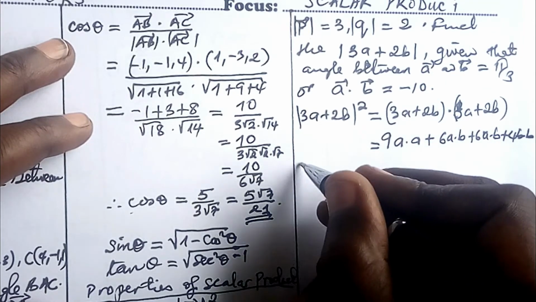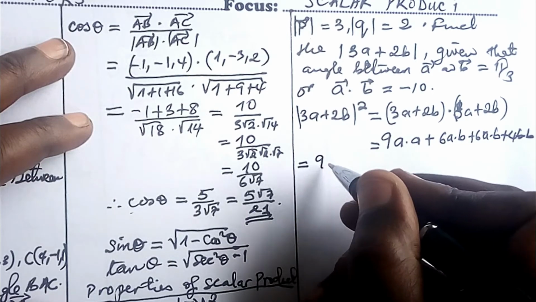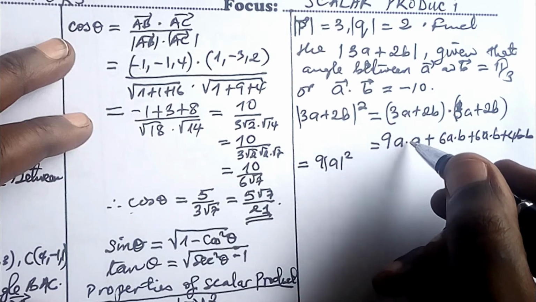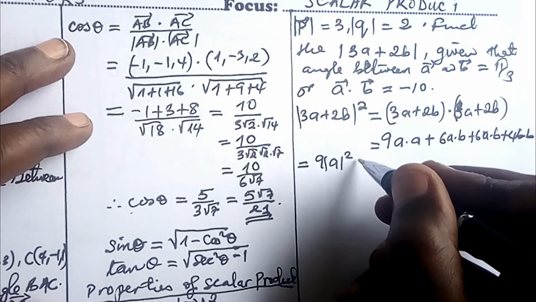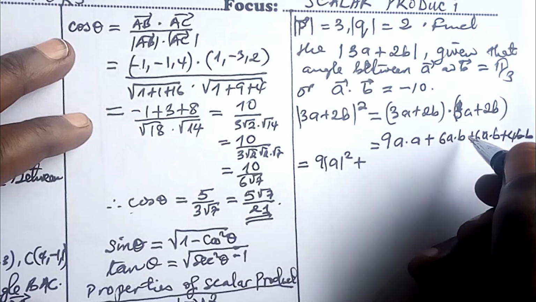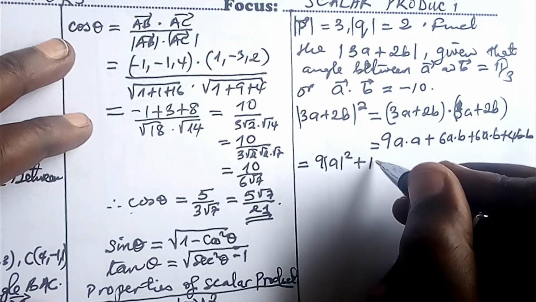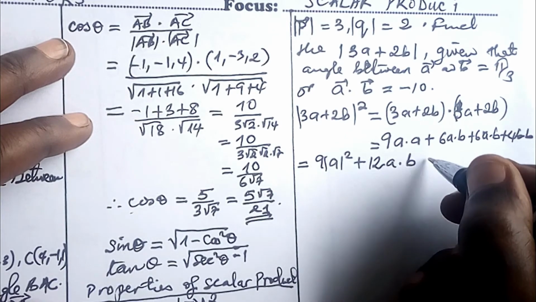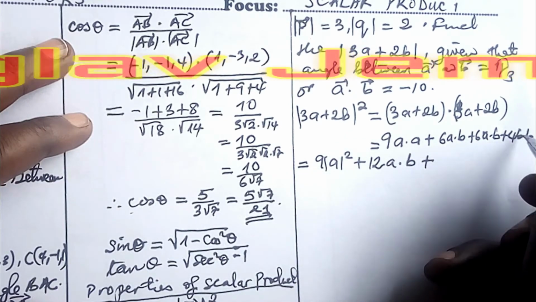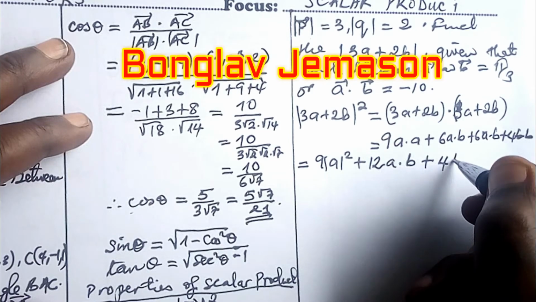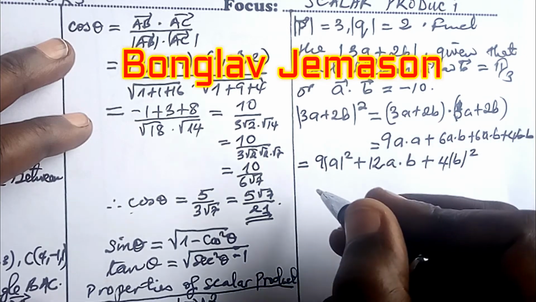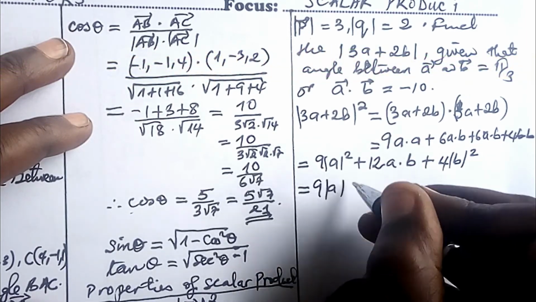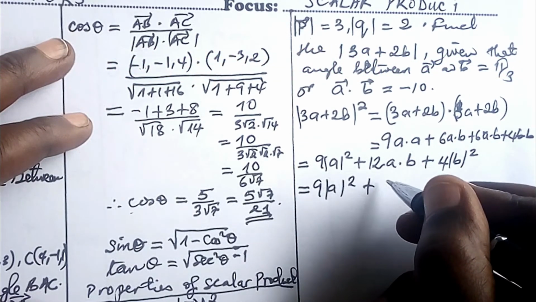Then I would have 9 times the magnitude of a squared. Remember, a dot a equals the magnitude of a squared, plus 6a dot b plus 6a dot b gives us 12a dot b, plus 4b dot b is the same as 4 times the magnitude of b squared.